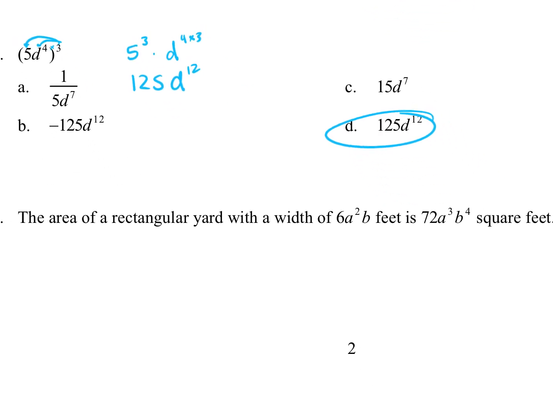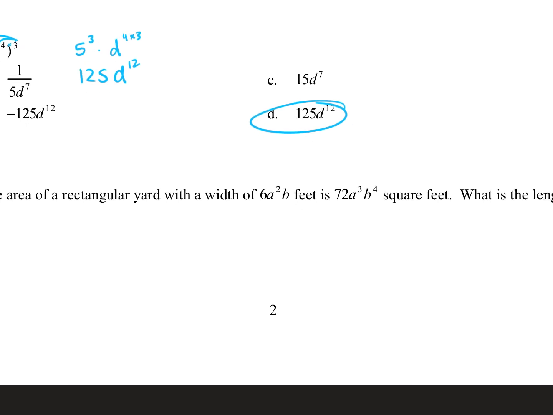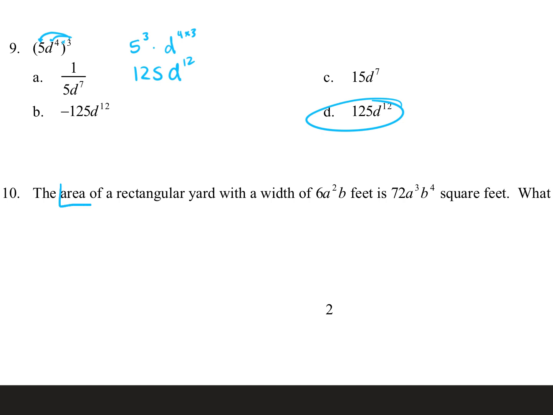All right, number 10. The area of a rectangular yard with a width of 6a squared b feet is 72a cubed b to the fourth power square feet. What is the length? What is my area formula for a rectangle? Length times width. So the area is equal to length times width.